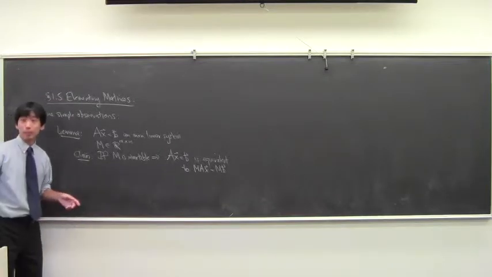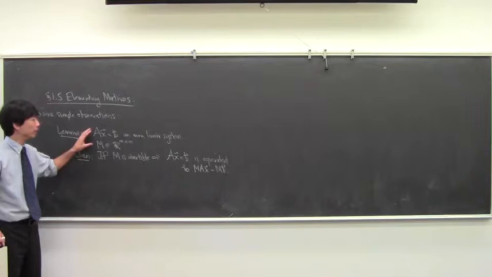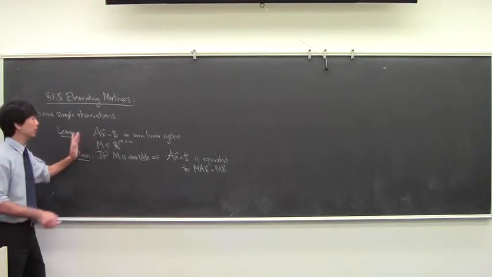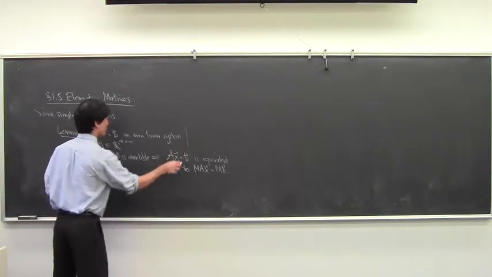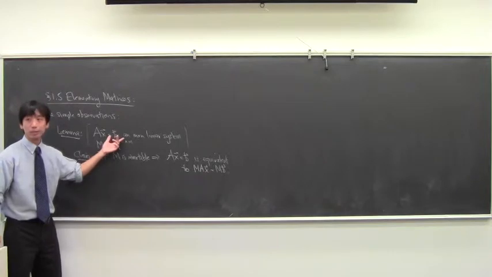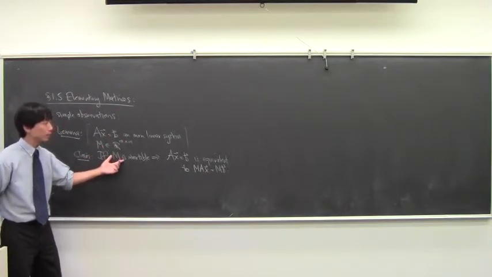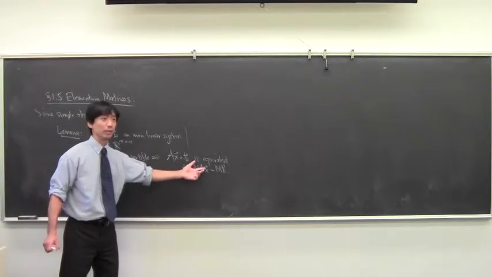So in the statement of mathematical results, there's often some sort of background information, and then there's the claim. So this is just laying out the setting. You have a linear system and you have some matrix. If that matrix is invertible, then this system is equivalent to that system.